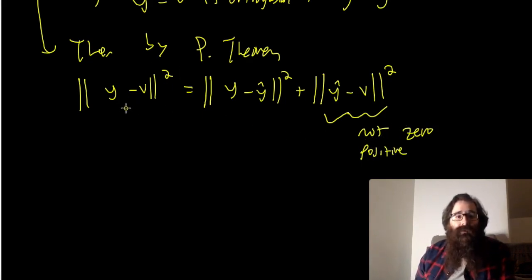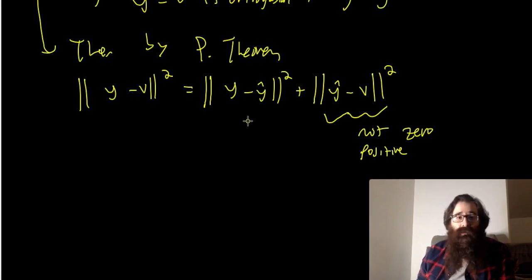And notice here that we're talking about the distance that y is away from v. Well, that's going to be more than the distance that y is away from y hat, because it's equal to that plus some extra. This is the extra part. We're saying, well, hold on a second. Y hat and y must be closer, since if I'm talking about y versus v, how far away they are, well, it's that distance plus some extra distance.